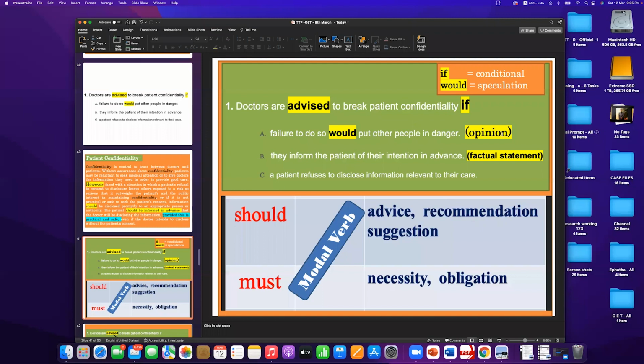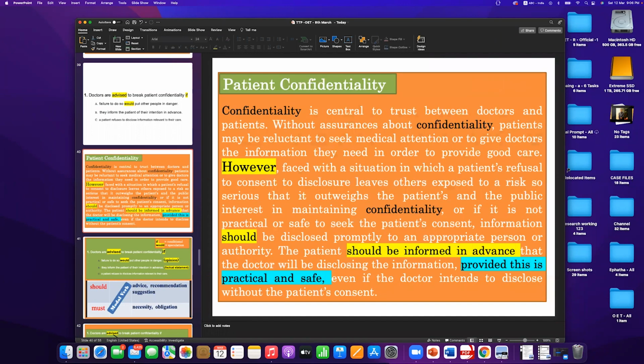So it is an opinion. The second one is a factual statement. The third one is not at all relevant. So the modal verb should is used here, which means advice. And you will see in the paragraph the same thing. See, should is used. Should be informed. Should be disclosed promptly. Did you get the idea?